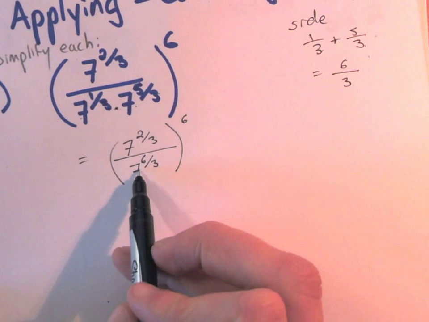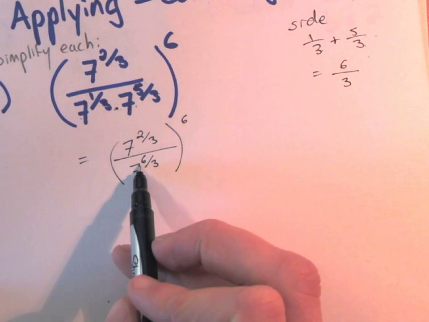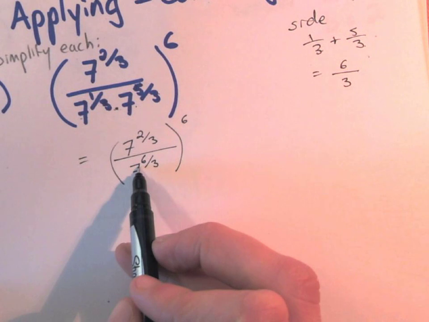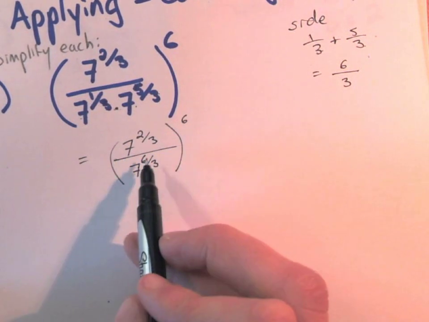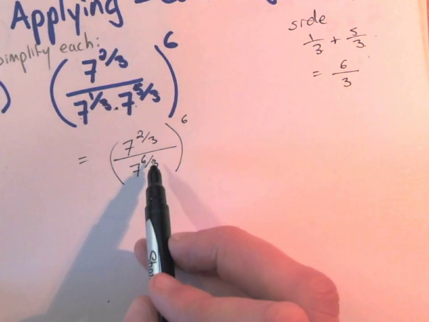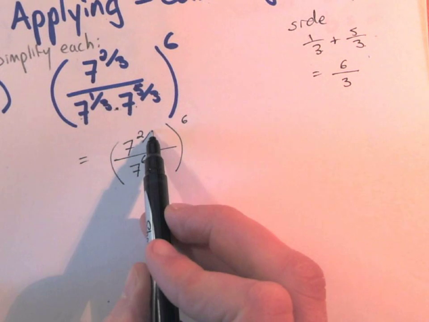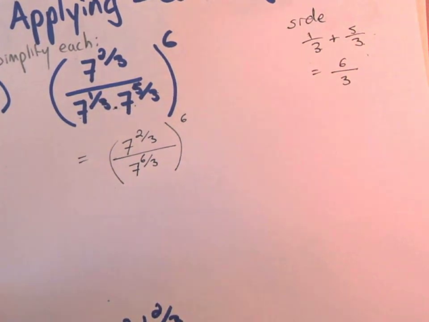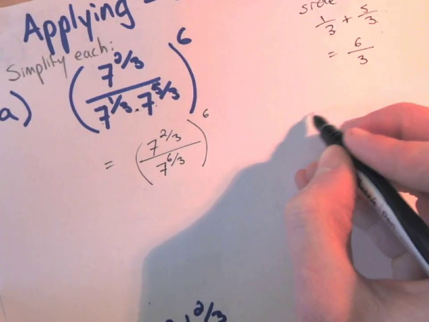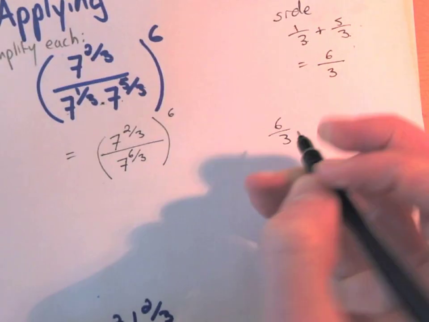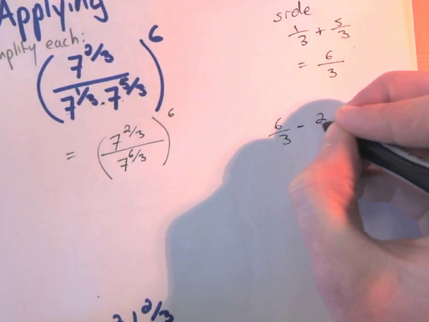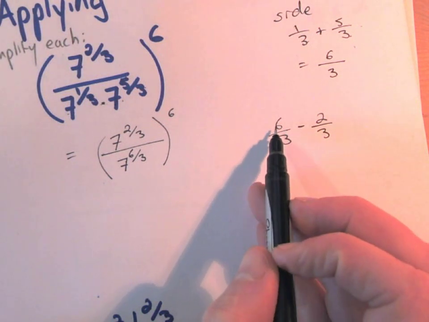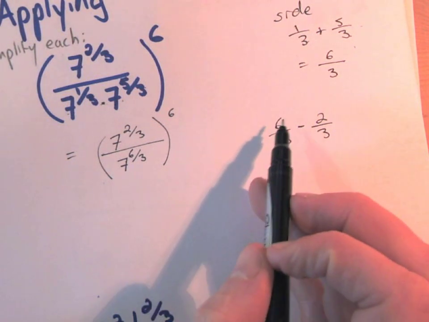So now we can also see that we have 2 here. They're the same base and they're on either side of a division symbol, so we can subtract. Which one do you subtract though? 2 over 3 minus 6 over 3 or 6 over 3 minus 2 over 3? The way I do it is I take this exponent, 6 over 3, and I subtract 2 over 3. The reason why I took 6 over 3 and subtracted the 2 over 3 is because 6 over 3 is bigger.